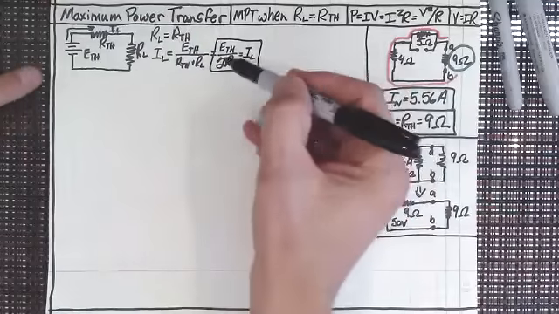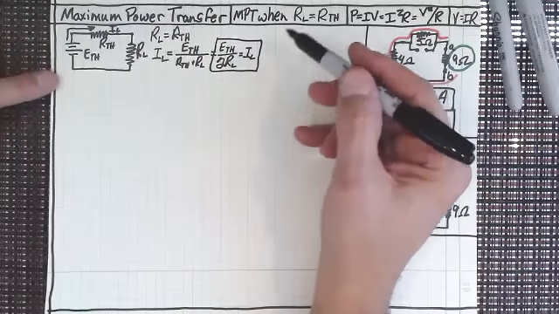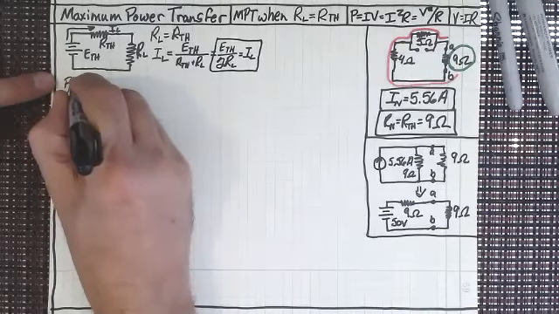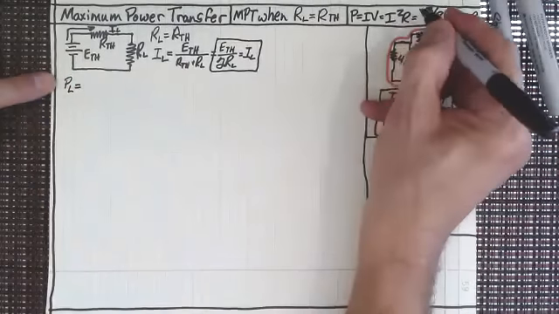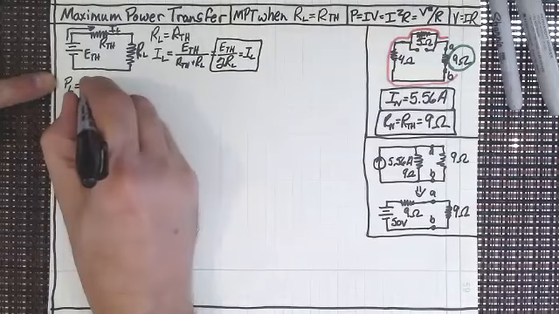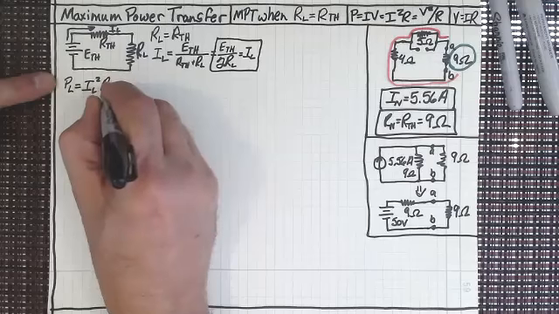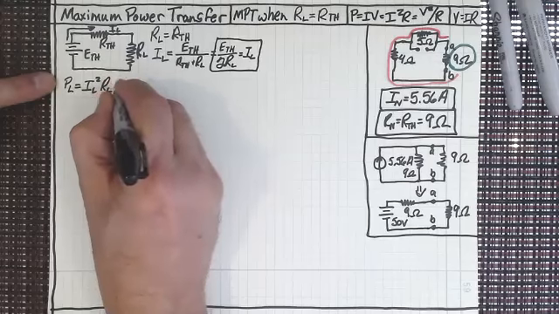Now, if we use that and look at what P sub L is going to be using I squared R, I'm going to do I sub L squared R sub L, right?